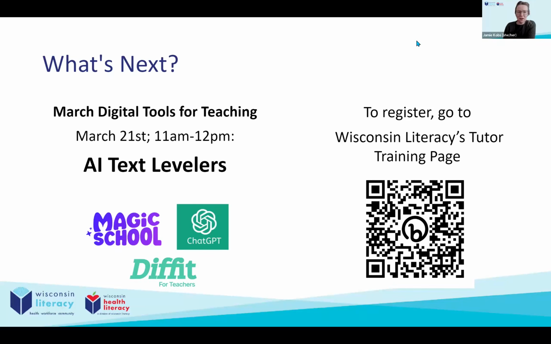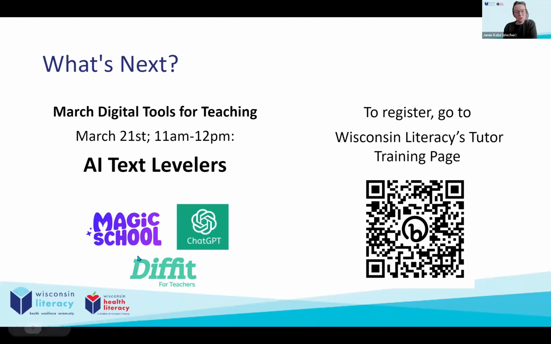But I will just give you a preview. Next month, our digital tools for teaching will be about AI text levelers. You can use AI, put in a text and ask it to adapt that text to a different reading level. You can ask AI to just create a text for you at a specific reading level.